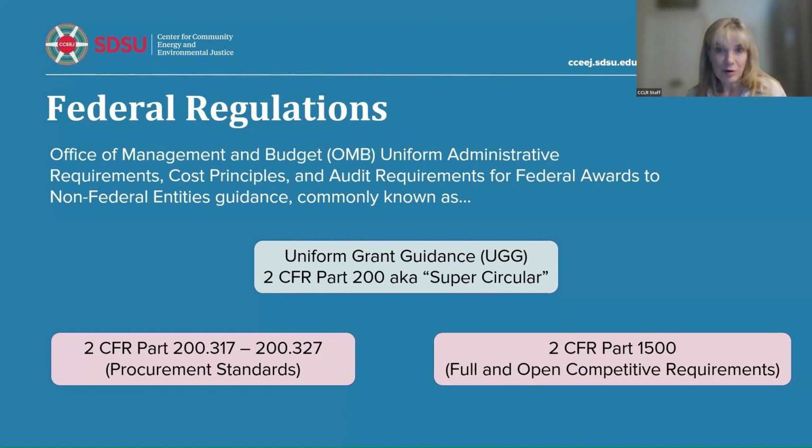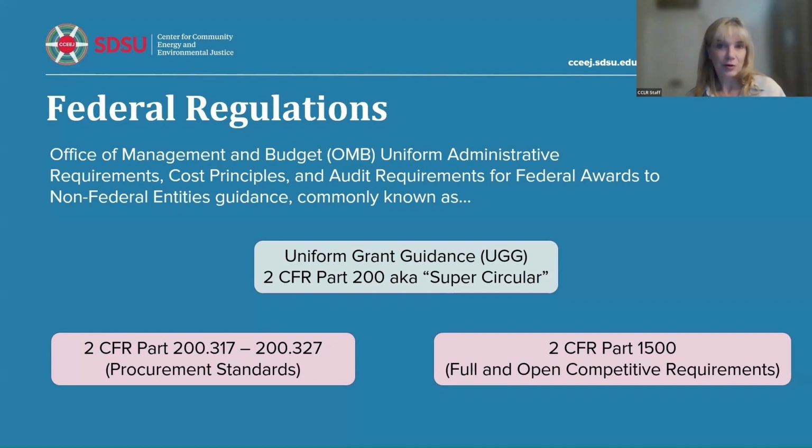There are other parts, the whole section of 200, but in particular, these two things I wanted to point out. There are procurement standards, specifically at .317 through .327, and also Part 1500, which specifically deals with full and open competitive requirements, okay?